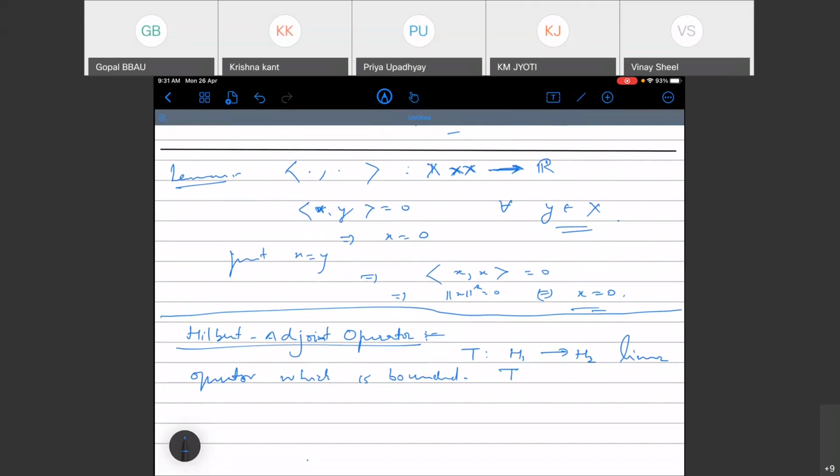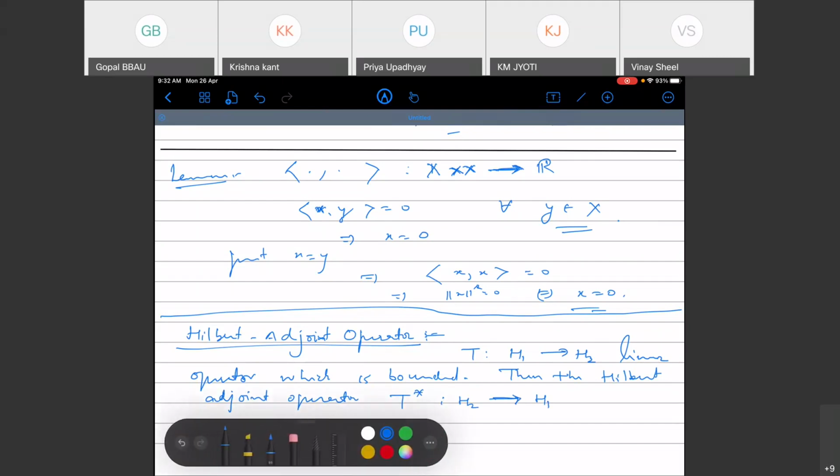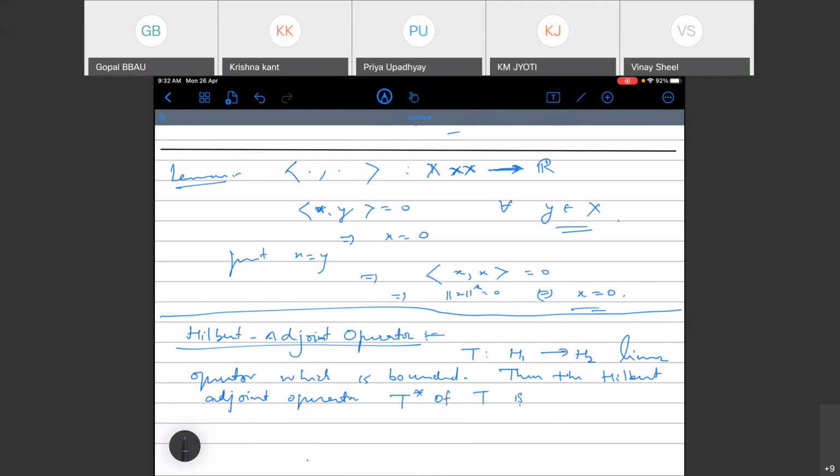Then the Hilbert adjoint operator T star from H2 to H1 is the operator such that Tx comma y equals x comma T star y, and this is true for all x in H1, y in H2.